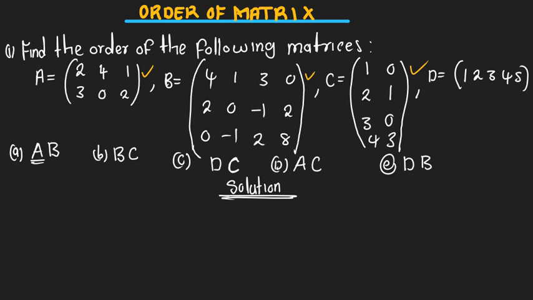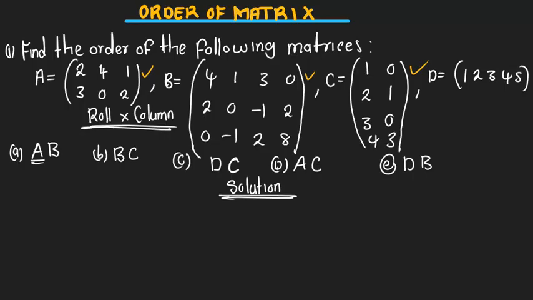you always use the concept row by column. So what concept do we use? The concept we use is row by column. So how many rows do we have?